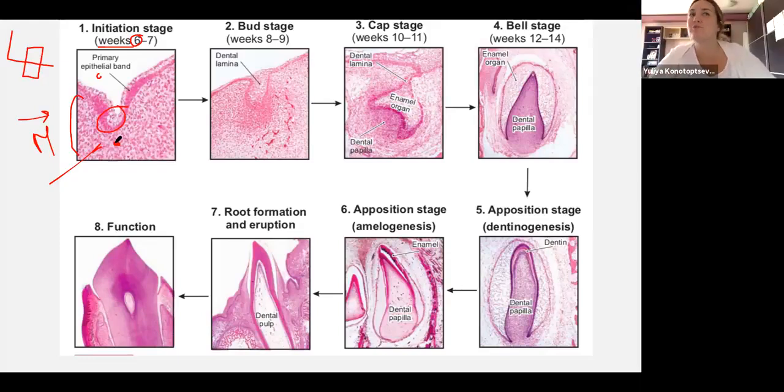So how will it come out when it's time? It will come out this way. So all of your lower teeth come out this way, through this tissue here. In the embryo, this tissue is called primary epithelial band. But what is another name for it? What do you think this will become?